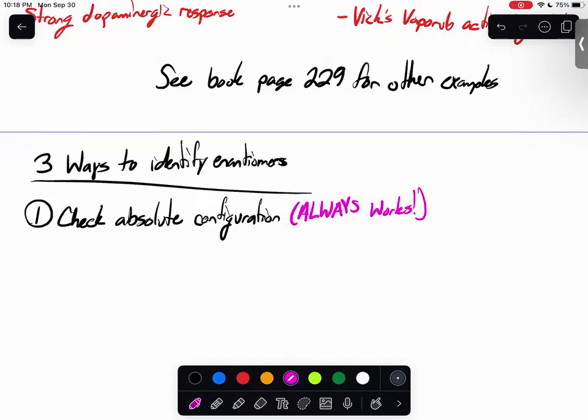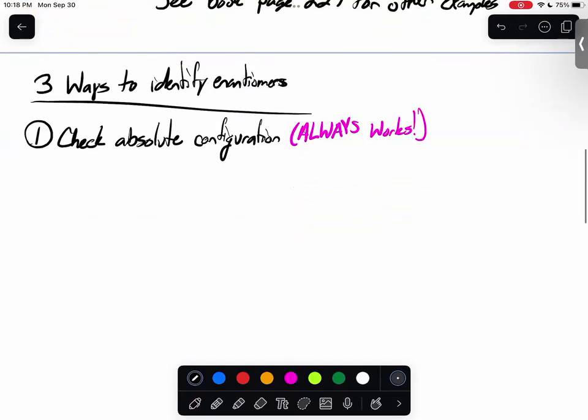So, looking at this, let's say we looked at two different molecules. We look at one that looks like this versus one that looks like this. Very similar in terms of they have the same connectivity, they have the same molecular formula, but we can see that what's on the wedge or the dash is a little different in each.